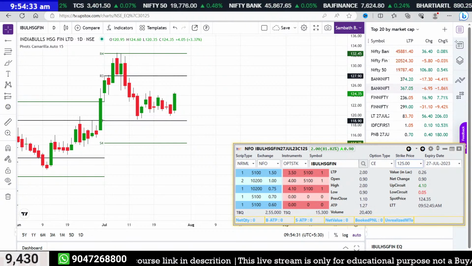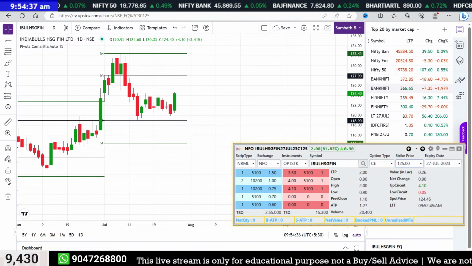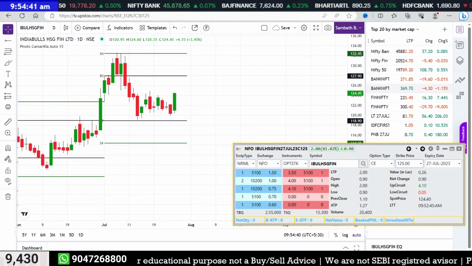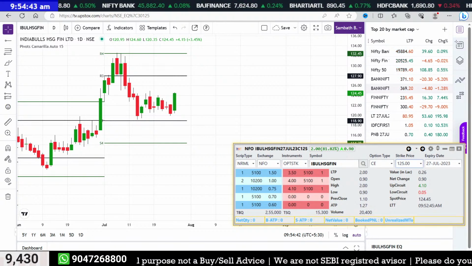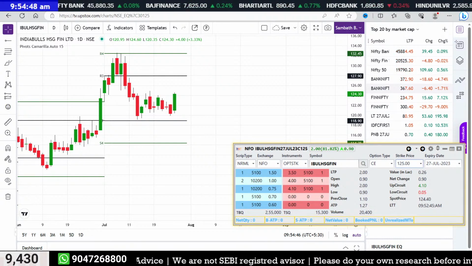I'm using Zebu Trader, Zebu E-Trade, which will simply tell us the buyer-seller gap. So I don't want to go for the stock because it's not a liquid one.